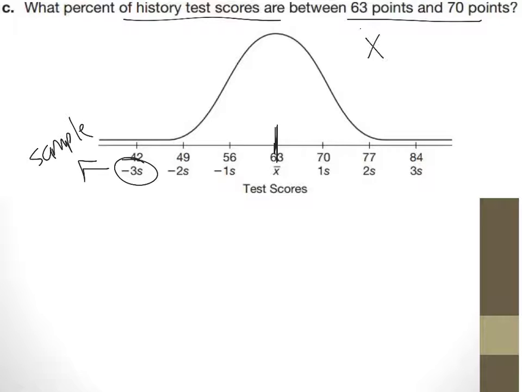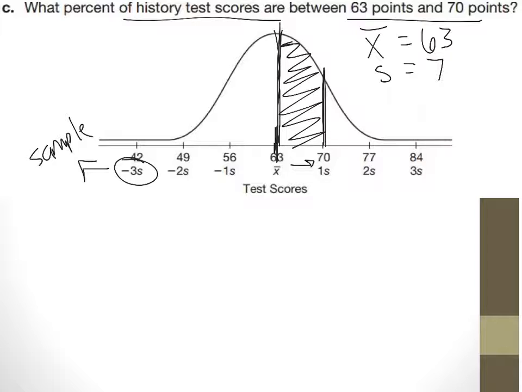So x bar, which is the sample mean, is 63, and the standard deviation of the sample must be, well, from 63 this way is 7. Okay, and this thing is specifically asking us between 63 and 70, what is this area?